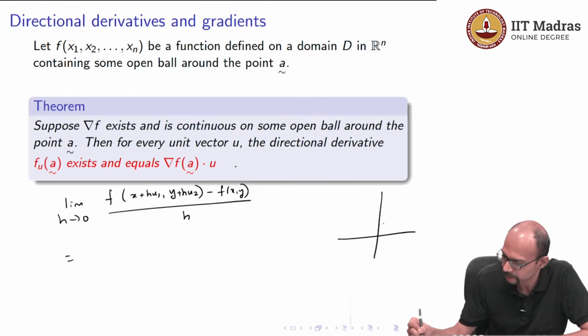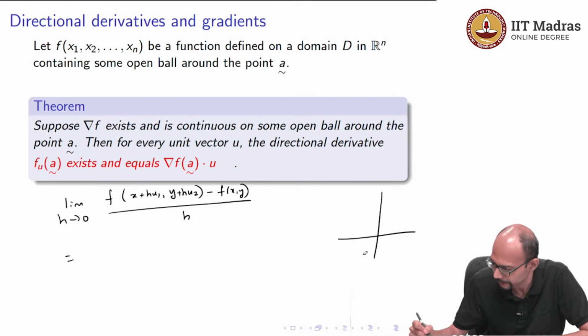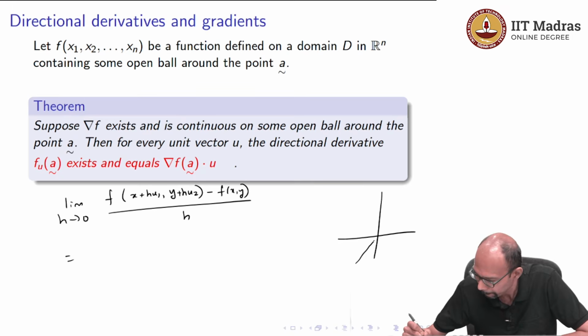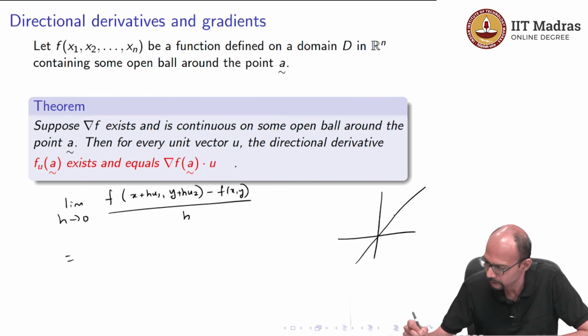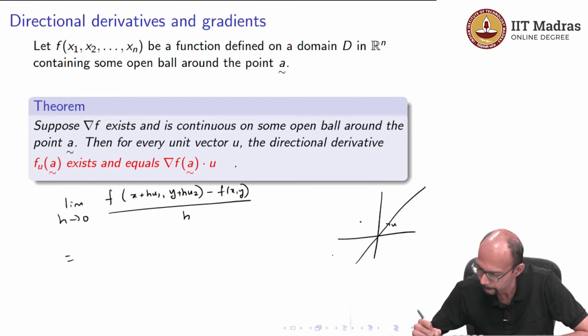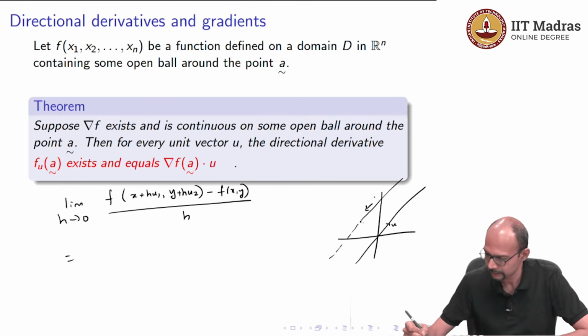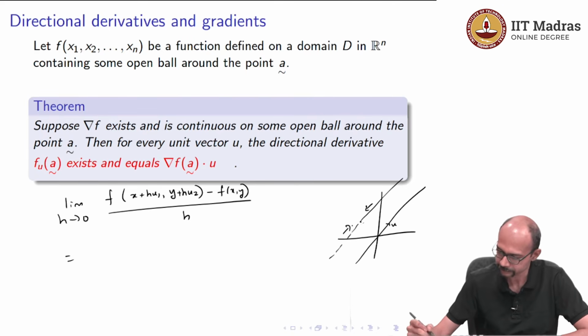So, in terms of my axis, suppose this is u, badly drawn line. So, this is the line on which u is, this is your u, and x y is let us say a point here. So, you move your vector and your line. So, you draw this line here passing through, and then you take the derivative along this line, okay.